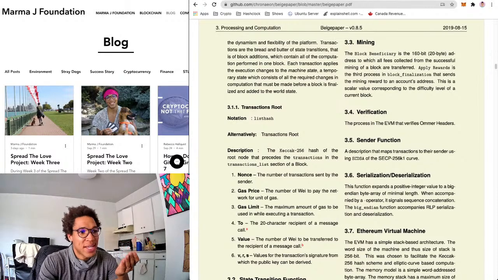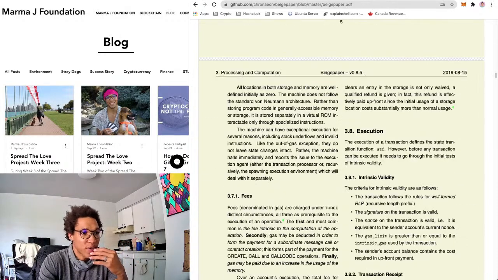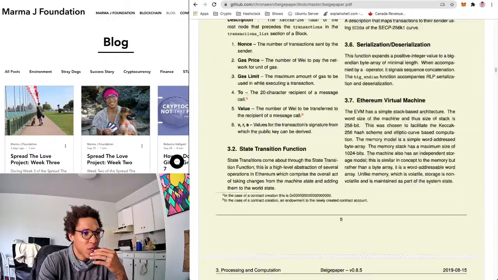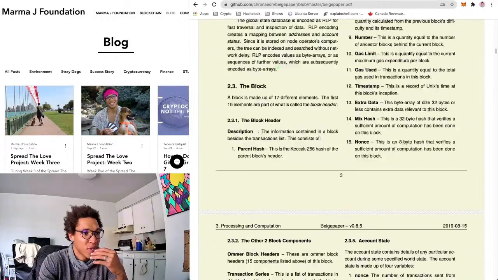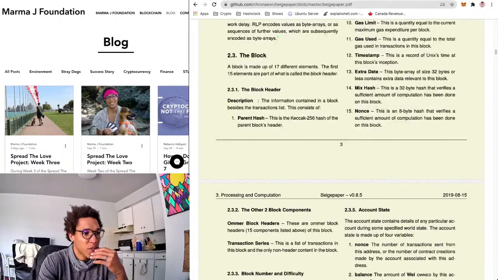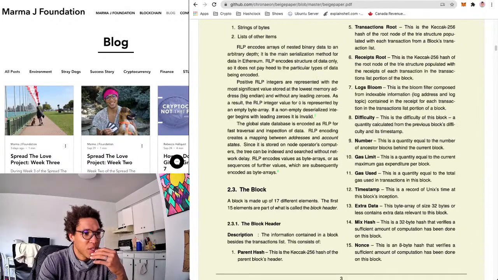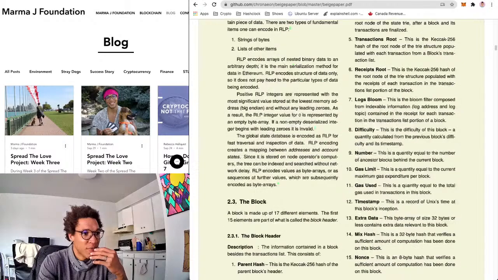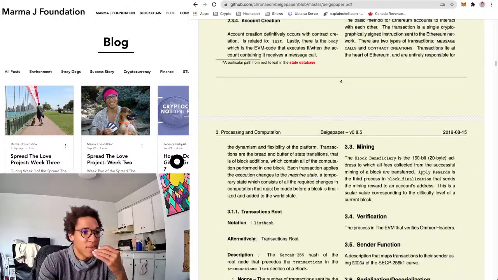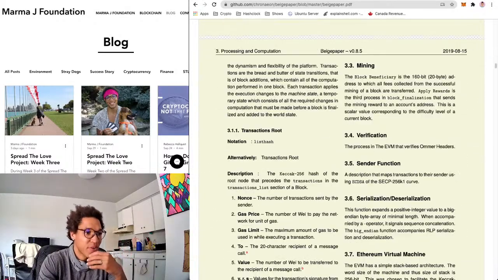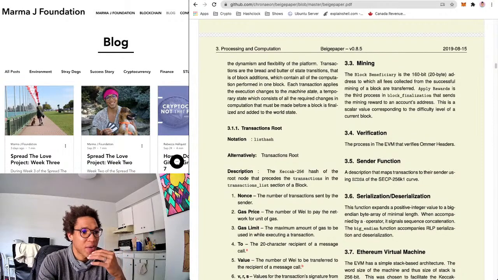Verification. So this is how the Ethereum virtual machine verifies the Ommer headers, which are what is included. Ommer block headers include all this information from the block. So verification is the process where the virtual machine verifies all that.